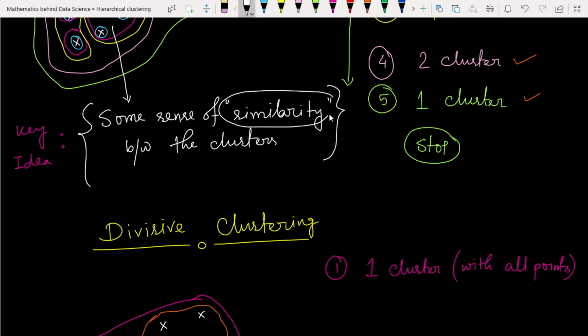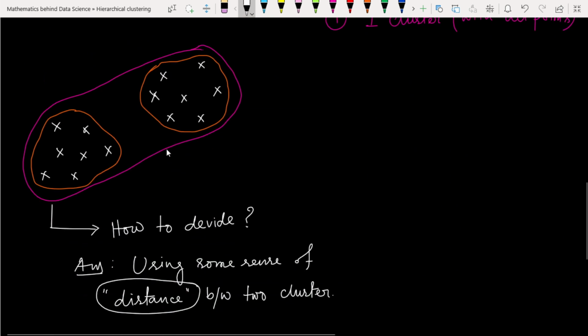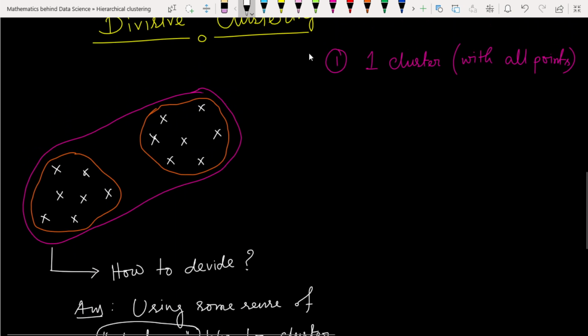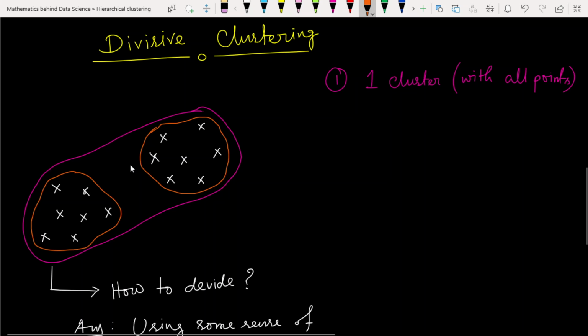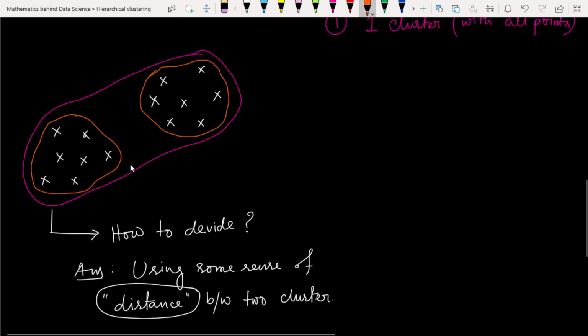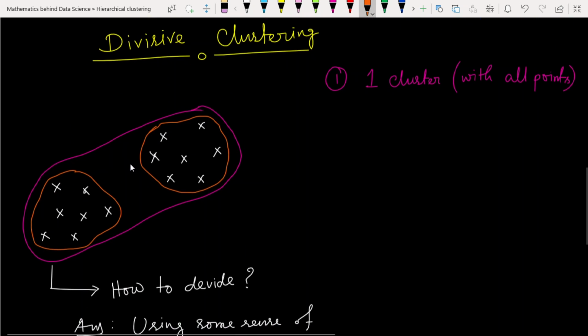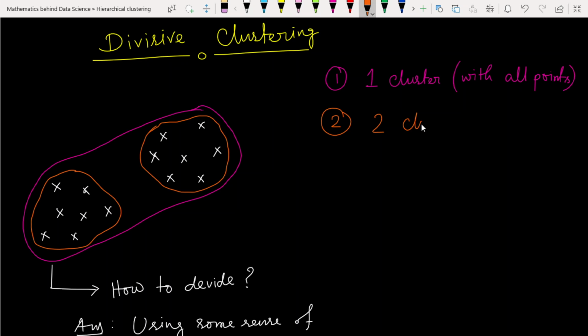In divisive, we use the distance concept. So in iteration 2, we use some sense of distance. These distance and similarity definitions depend on the problem. What is your requirement? That decides which kind of distance we take. These things are based totally on our problem. So in the second iteration, we get these two clusters.